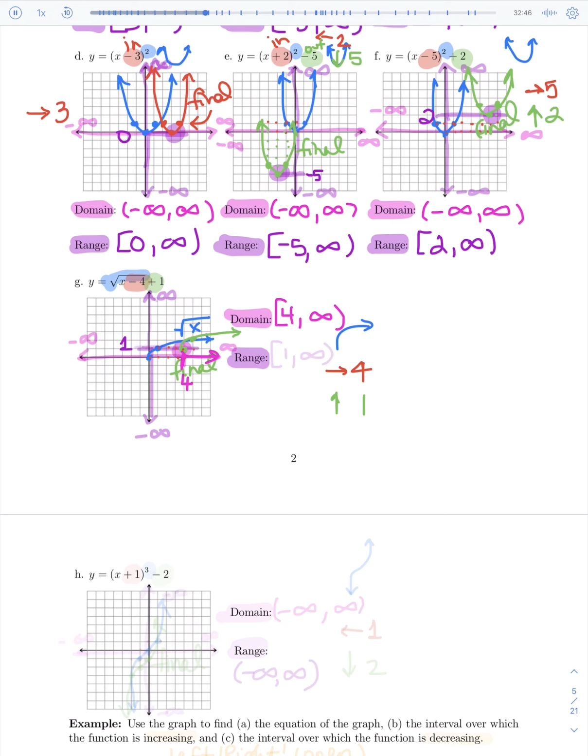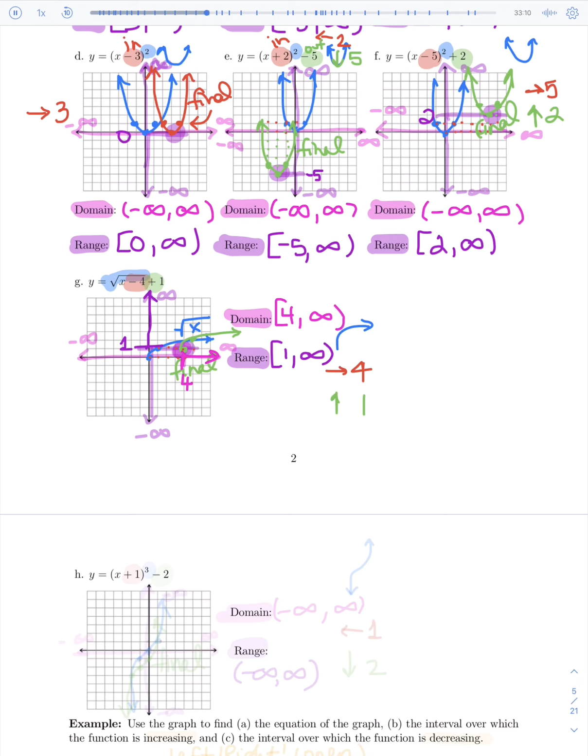And then it does continue on forever after that towards positive infinity. So what that means is our range is going to be from 1 to infinity, again with a parentheses. Just like before, there is a point here at 1, and we want to include that part of the graph, so we'll have to use a bracket.